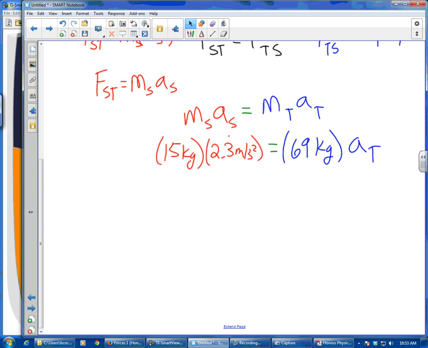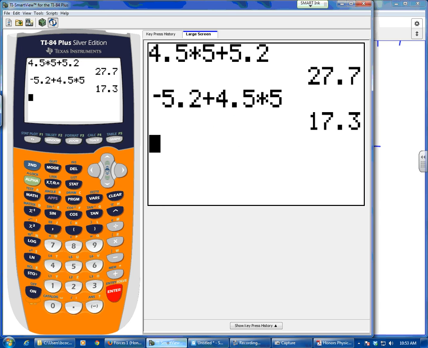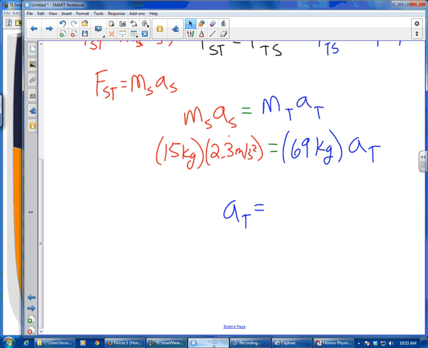And so the acceleration of Tom is going to be, if I take the red and divide it by the blue. I'm rearranging my equation to get the acceleration of Tom by itself, but I'm kind of doing it in my head. If I want to get the acceleration of Tom by itself, I divide both sides by 69 kilograms.